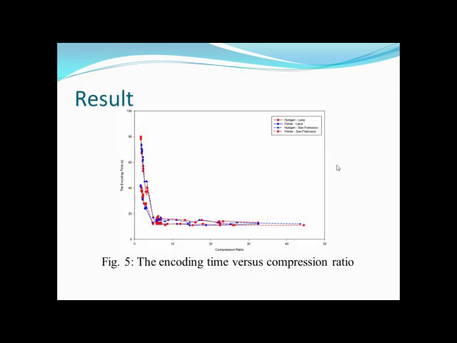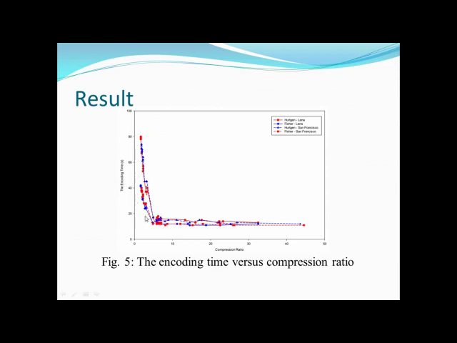I ran the encoding process with many different parameters to get different compression ratios and measured the encoding time of each. Here is a graph to show that. We can see that Hudson's method needs a longer time than Fisher's method here.